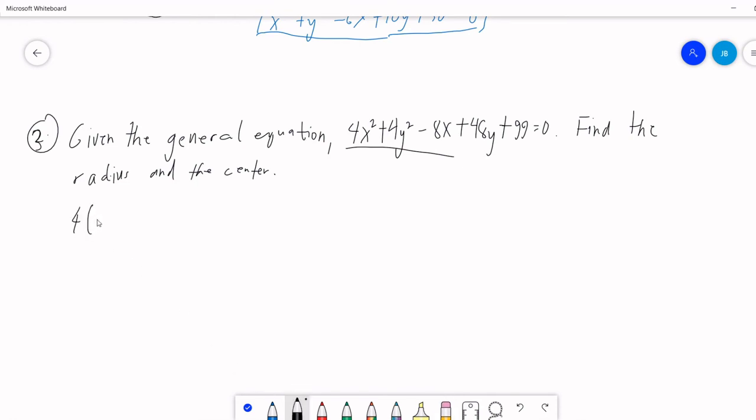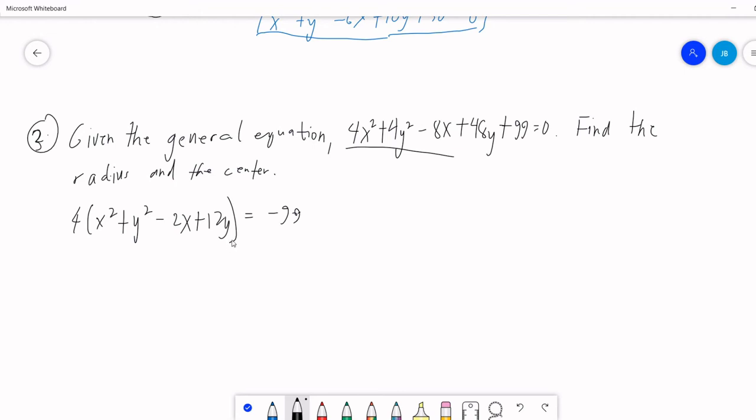So when we factor out, it becomes 4 times x squared plus y squared minus 2x plus 12y, right? Is equal to, we just transpose negative 99 to the right side.